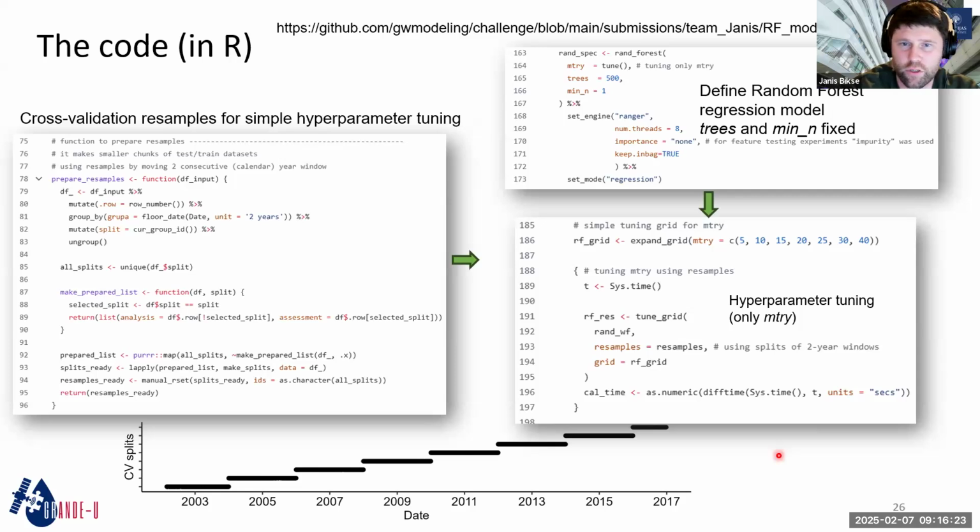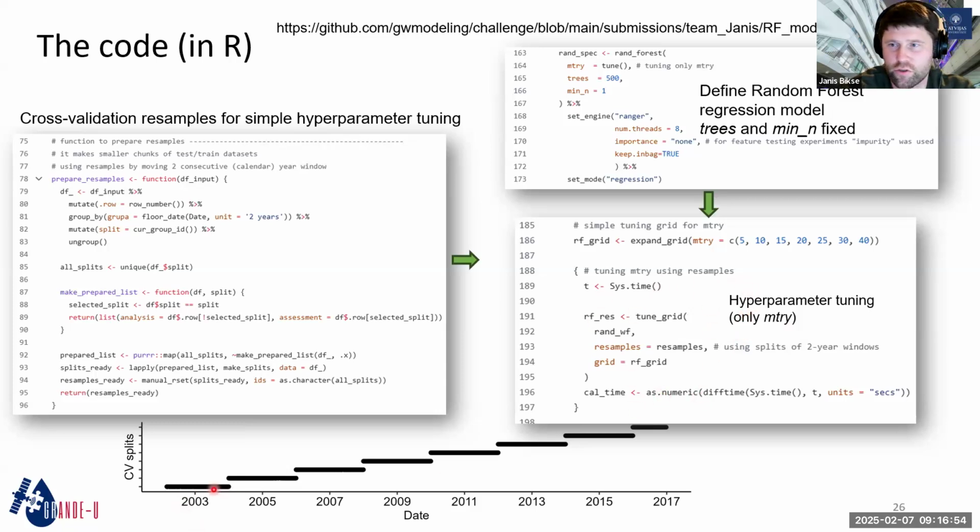I used the random forest algorithm, which I defined here. And I used already fixed values at the beginning, so the number of trees and other parameters were fixed, but the only parameter which I tuned was mtry, the number of features that is selected for the model.